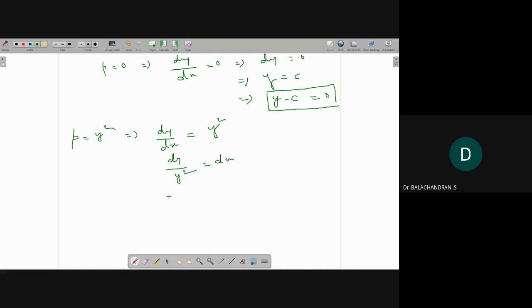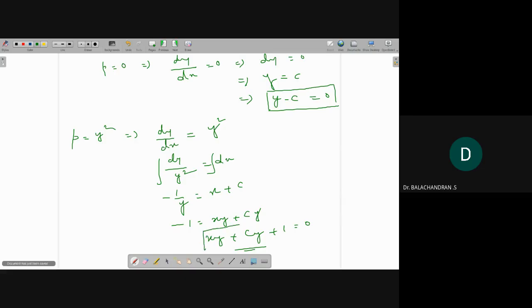So if you integrate, you get minus 1 by y equal to x plus c. So throughout multiply by y, you get minus 1 equal to xy plus cy. So you can write xy plus cy plus 1 equal to 0.